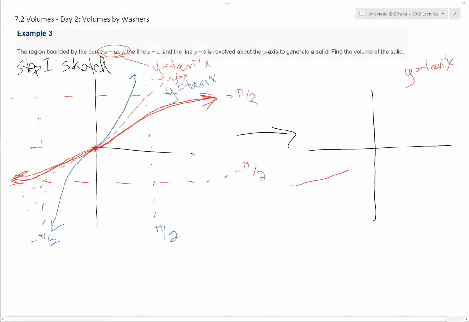We're going to have something like this, okay, where we have a horizontal asymptote at negative pi over 2 and pi over 2. Okay, so this is what our curve of x equals the tangent of y looks like.